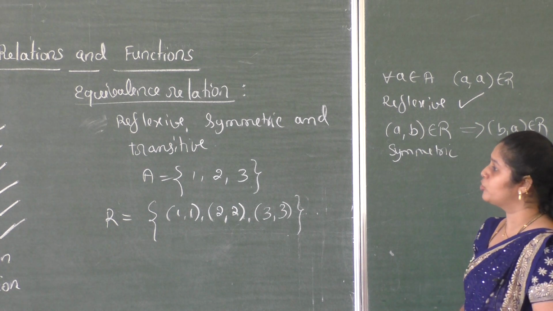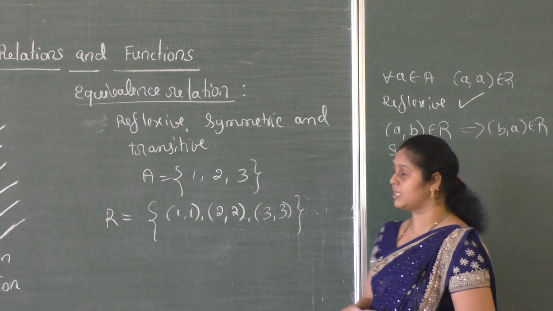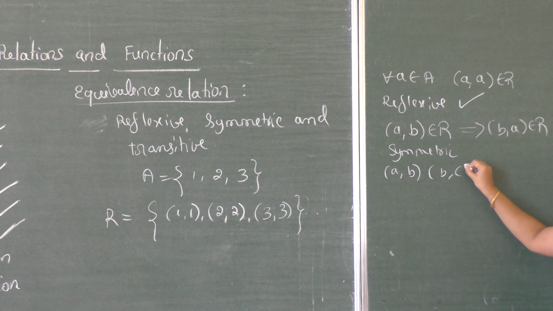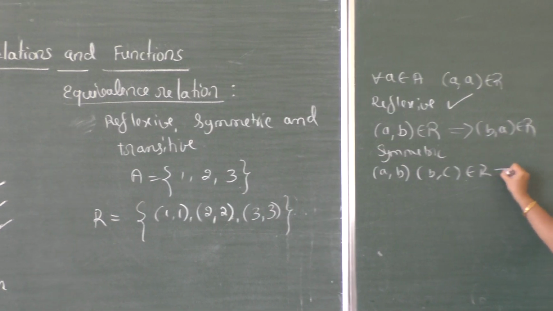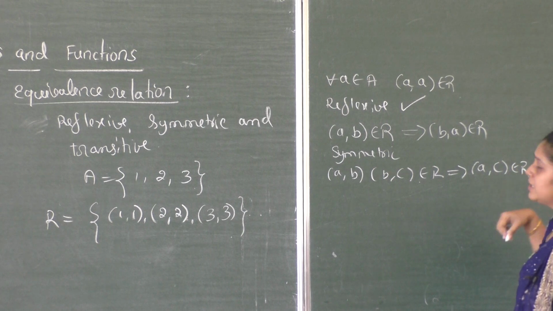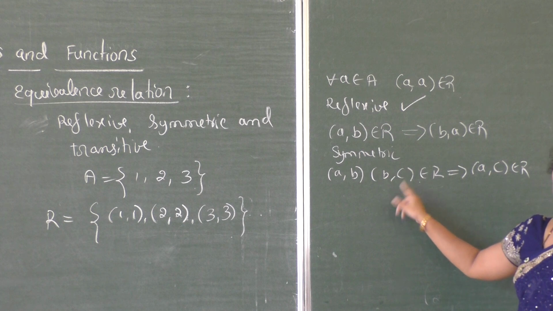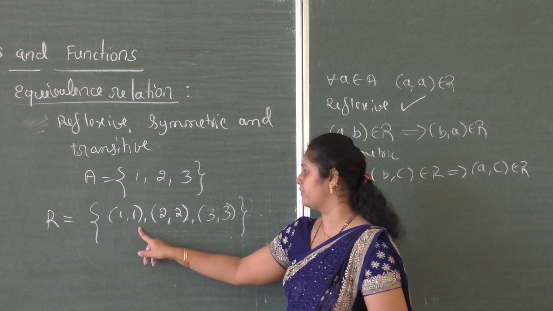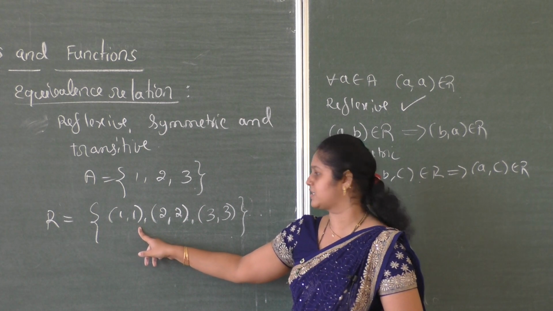Then what about transitive relation? Transitive relation is: if (a, b), (b, c) belong to R, then (a, c) must be there in relation R. Now search for (a, b) and (b, c). Take (a, b) as (1,1), then you have to search for an ordered pair which has 1 as a first element.